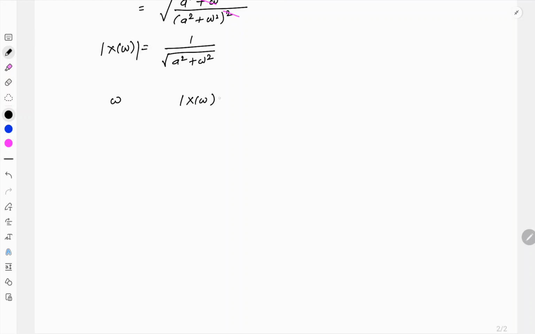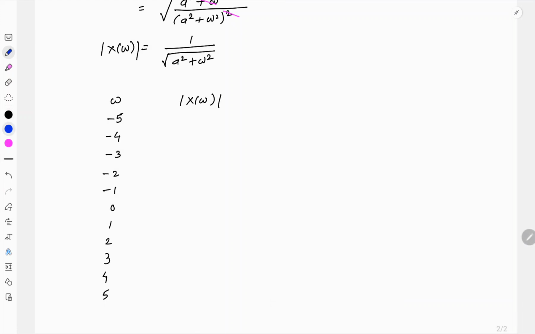So let us assume a range of omega, say it is from -5 to +5. And here for mod of X of omega, we are supposed to find out the values. So in mod of X of omega we have 1 upon the square root of a square plus omega square. So in the denominator term we have a square. So we need to assume a certain value of a which will simplify our equation.